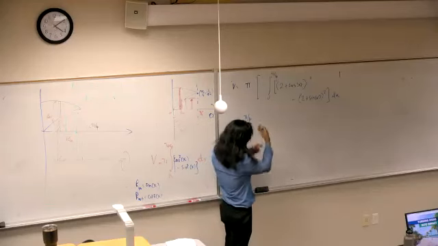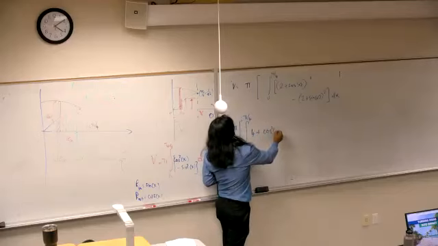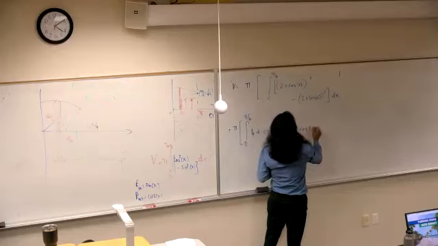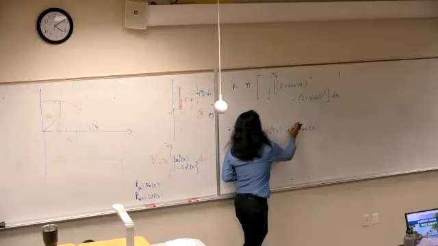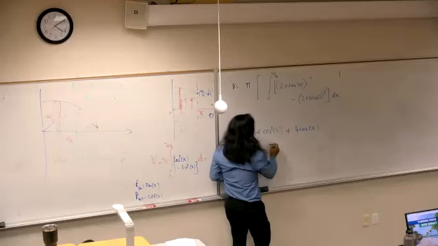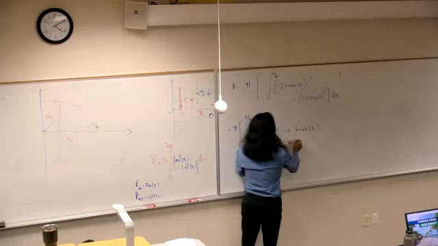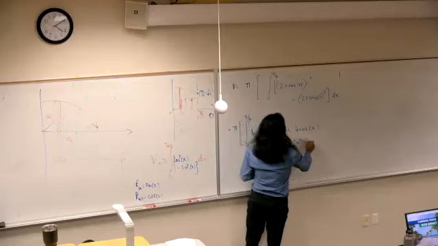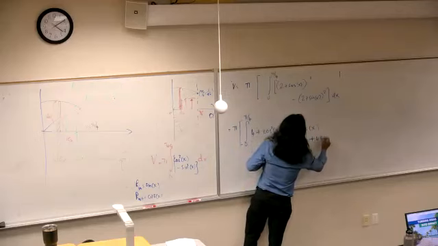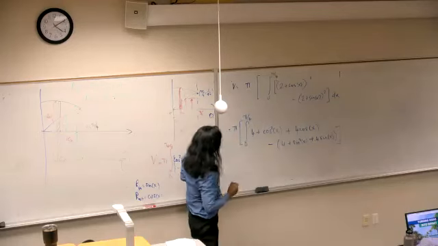Okay, distribute. 4 plus sine squared x plus 2 times 2, 4 sine x, and so on. Minus the second part, 4 plus cosine squared x plus 4 cosine x, which would eventually become minus.